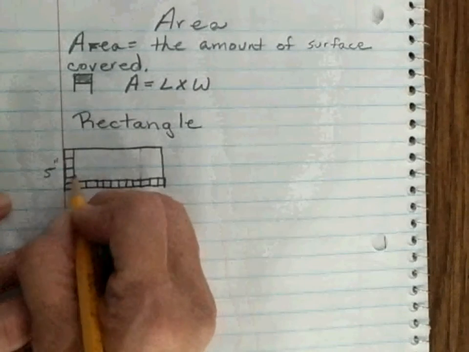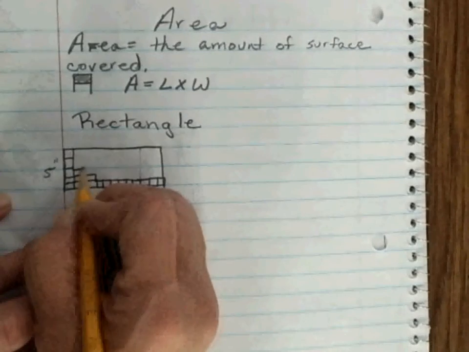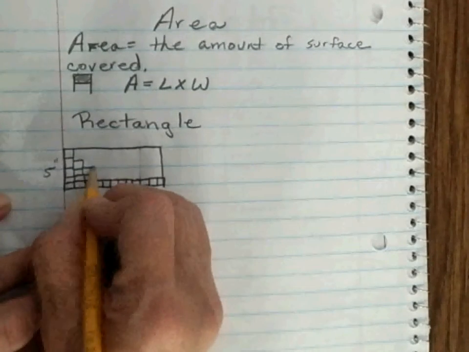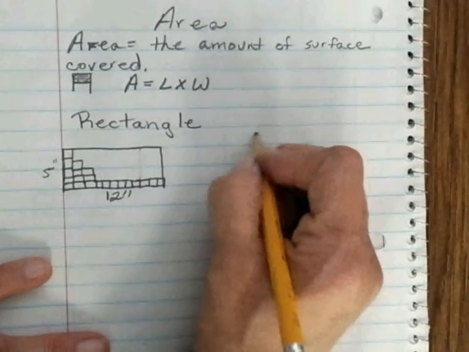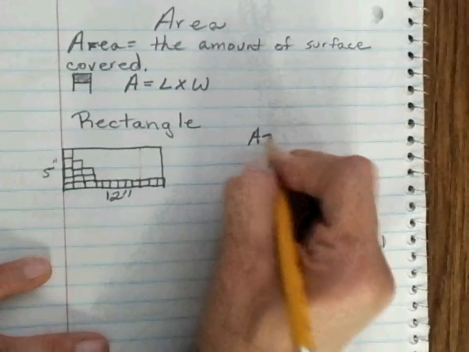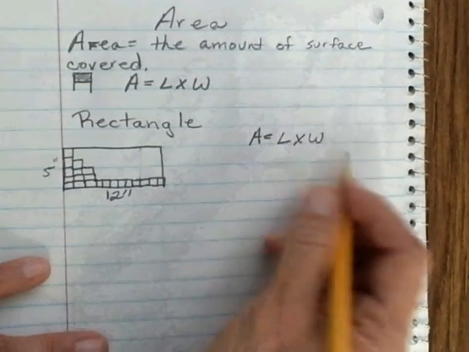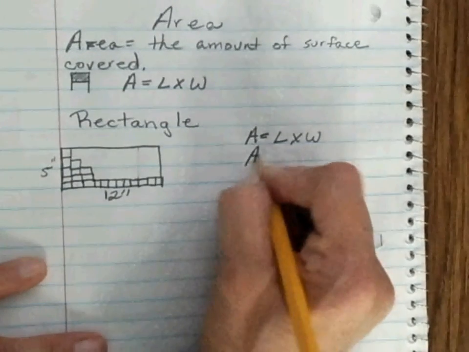Okay? So when I'm finding out the area, I want to know how many of these little square units are going to fit inside of this rectangle. Okay? So my area, my formula for area, and always write your formula down so you don't forget what you're doing, and then you just substitute numbers in for the letters. So my area is, what's my length?